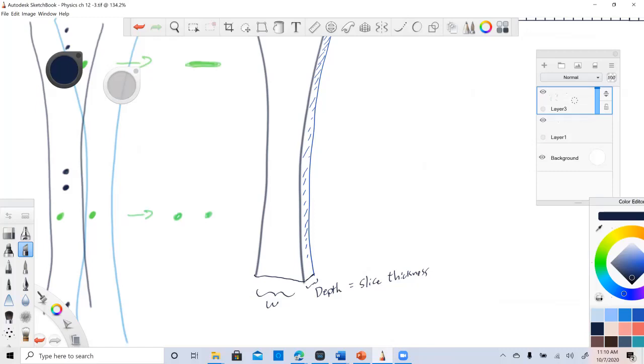It's a little hard to draw what I want to draw, so I'm going to take this transducer and turn it so that we're now looking at this surface.